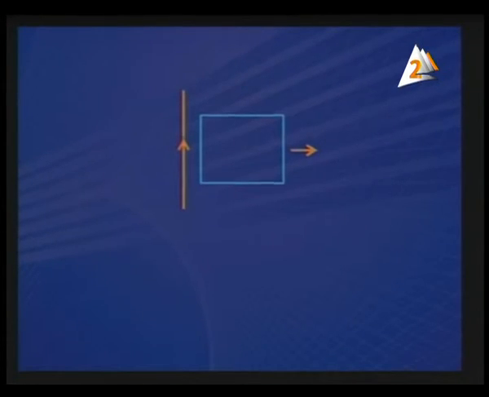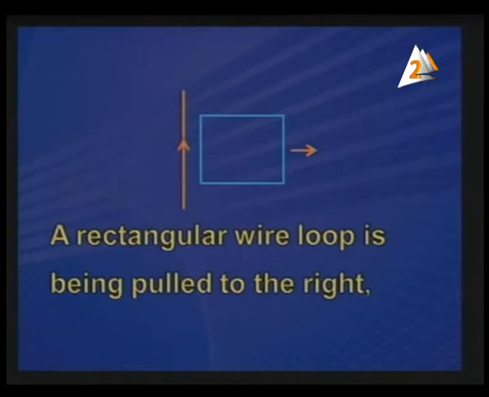And now we've got another type of questions. A rectangular wire loop is being pulled to the right. Your attention, we've got a rectangular wire loop placed close to a current carrying straight wire.